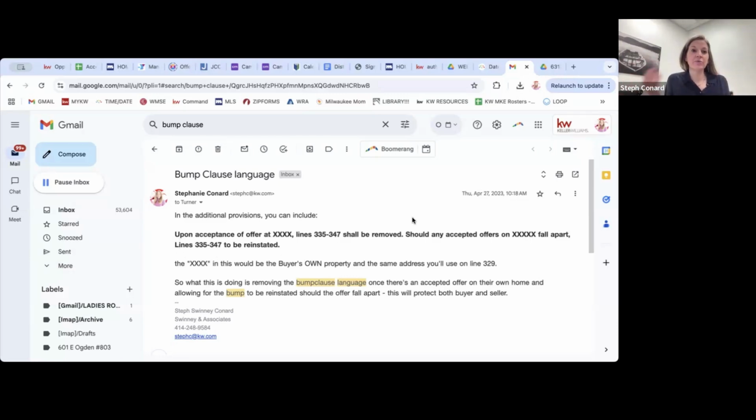So once there is an accepted offer on the buyer's primary residence, you're removing the ability for the seller to bump them. And then to give the seller peace of mind, if that offer on the buyer's primary residence were to fall apart, then Mr. Seller will put the bump clause back in so that you're protected again.